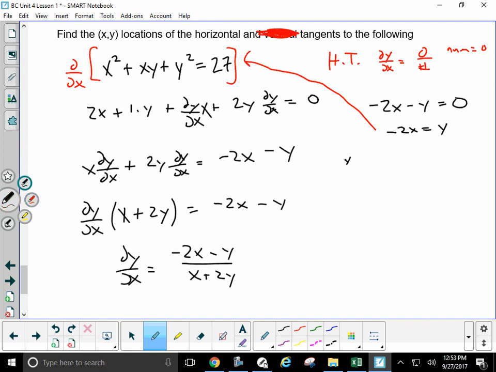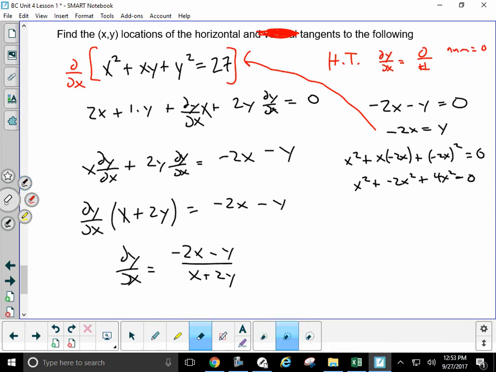I'll get x squared plus x times -2x plus -2x squared equals 0. X squared minus 2x squared plus 4x squared equals 0. Sorry, equals 27. I don't know why I'm putting 0.